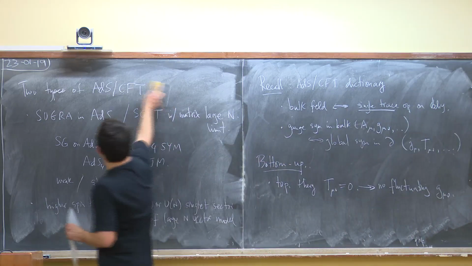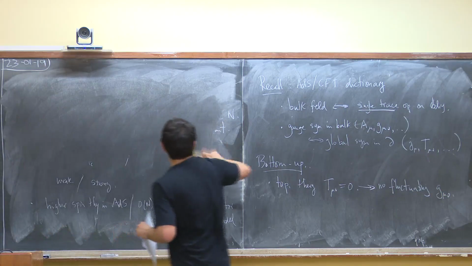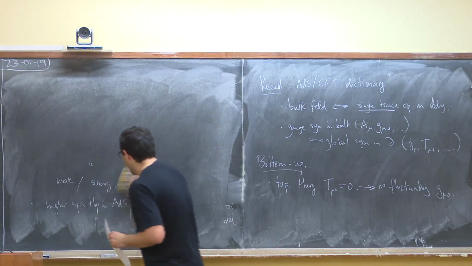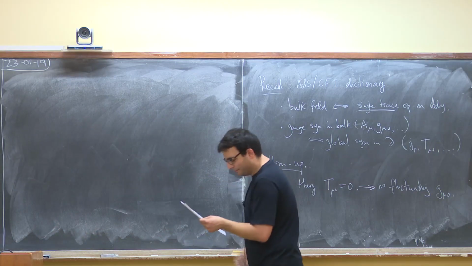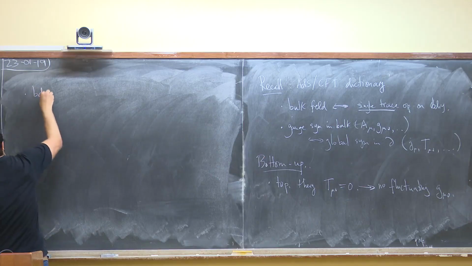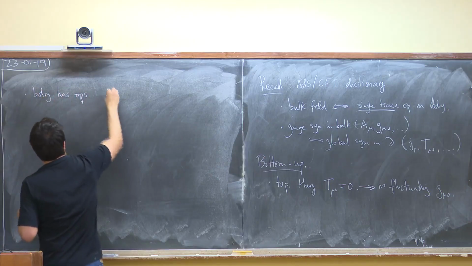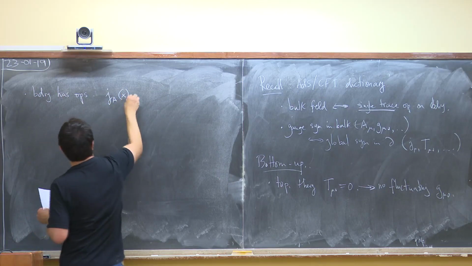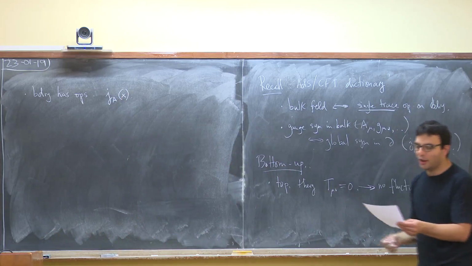So what does the bulk theory then have? Well, we can try to guess based on what the boundary theory has. The boundary theory has a bunch of operators that are topological. So the boundary has operators J^A(x) such that the correlation functions don't depend on x.